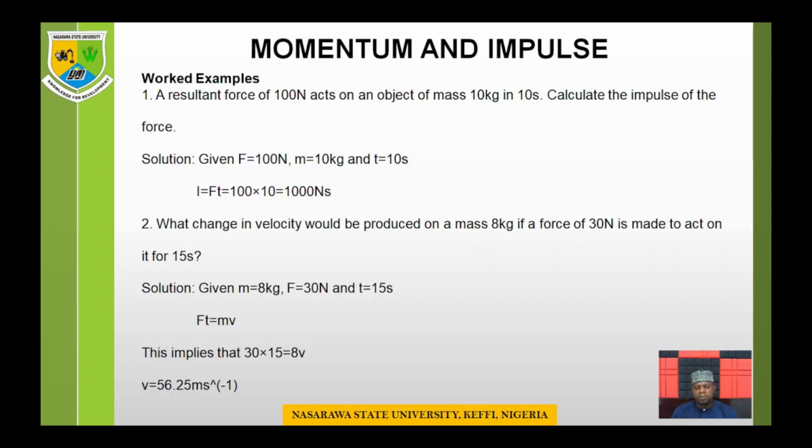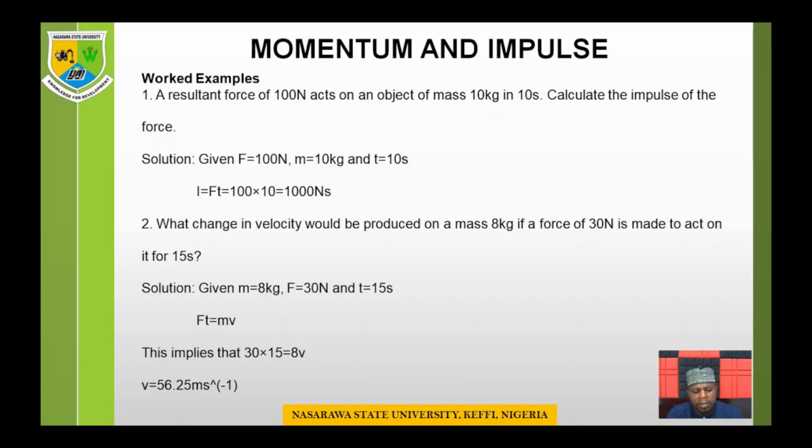And impulse is simply given by I is equal to Ft. So all we need to do now is to substitute the values. The values here are that F is 100.